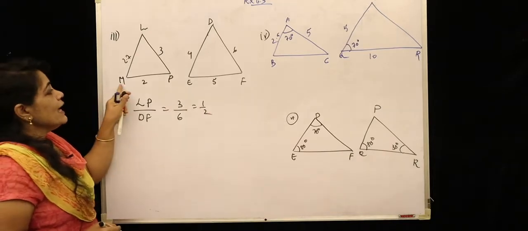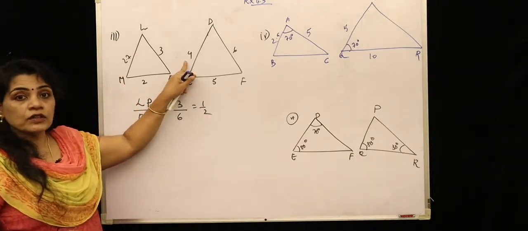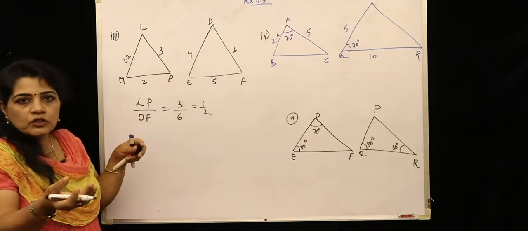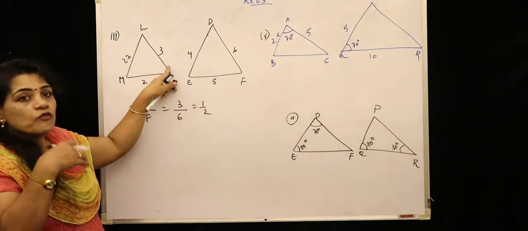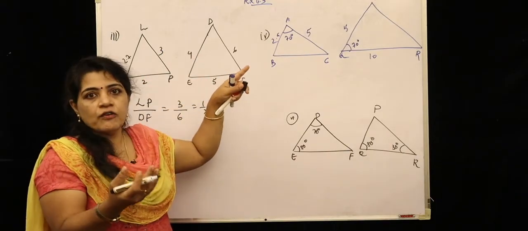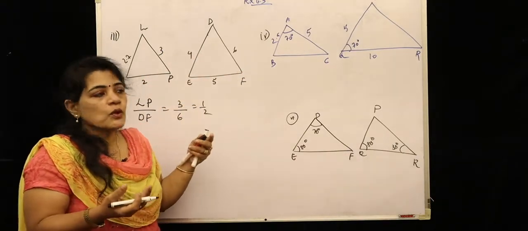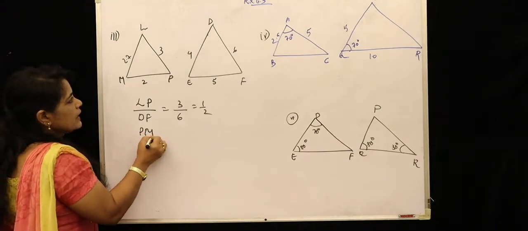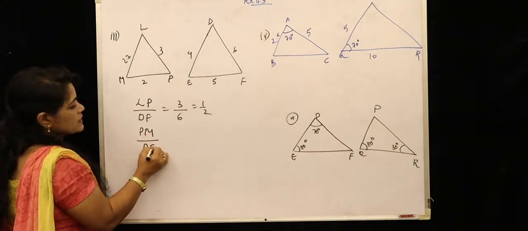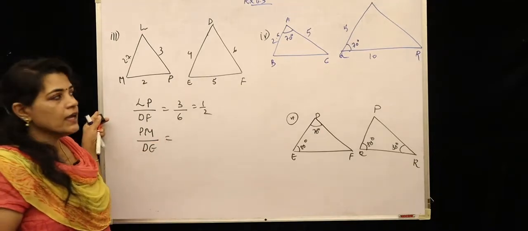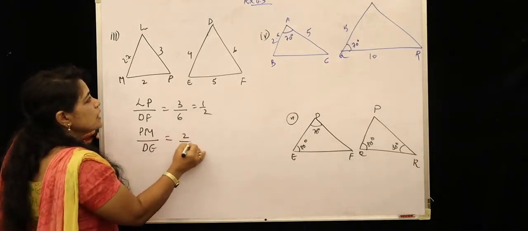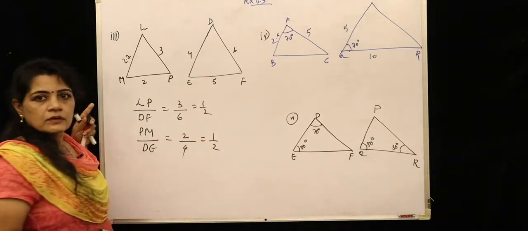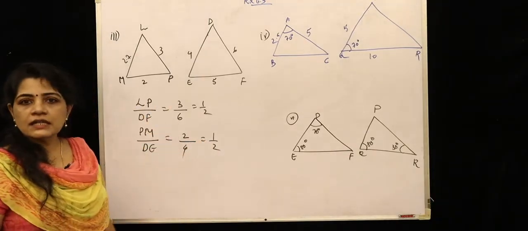And if I am taking MP, here you can see 4, from this PM you will be getting DE by multiplying with the 2. The same way LP to DF, the scale factor, we are multiplying with the 2. So I am taking this PM divided by DE of the second triangle, and that is 2 divided by 4. That is also 1 by 2. These two ratios are the same.